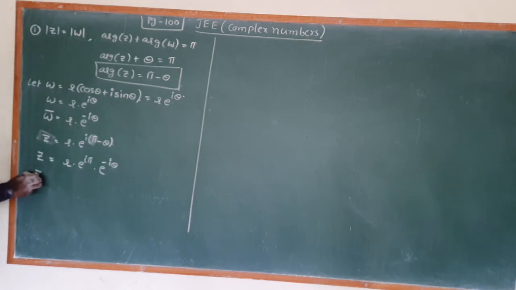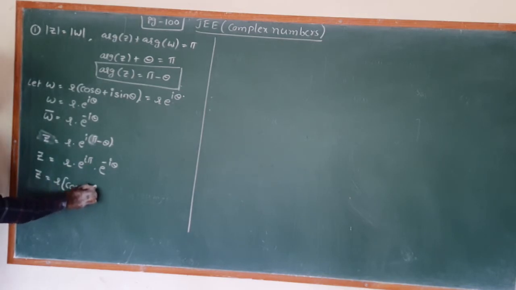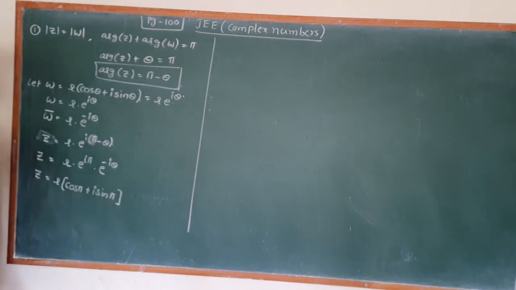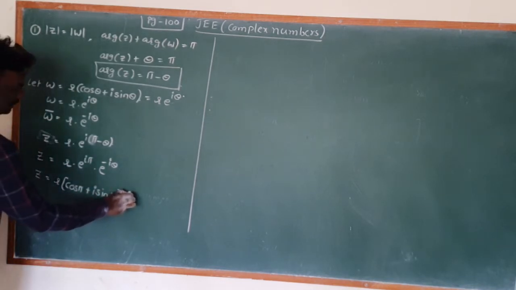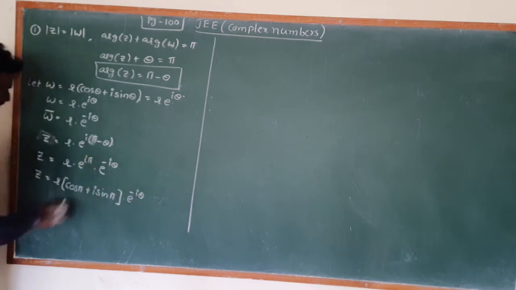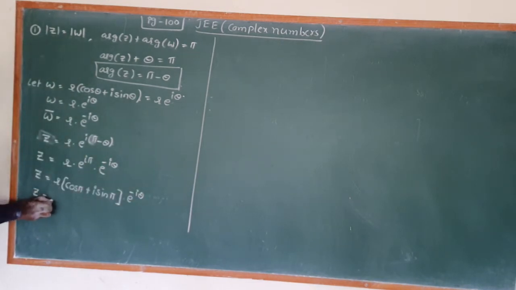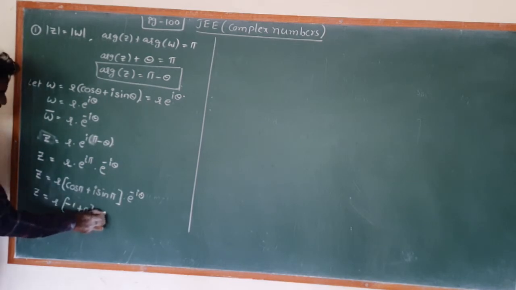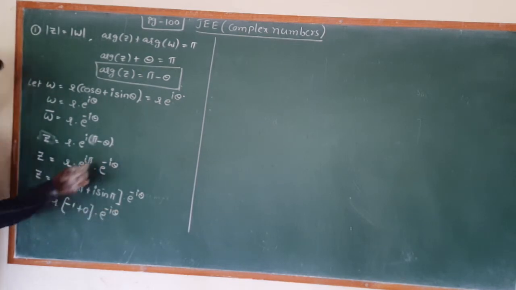Then Z is equal to R into e power i pi, which means cos pi plus i sin pi, into e power minus i theta. Pi means 180, cos 180 is minus 1, sin 180 is 0, into e power minus i theta.